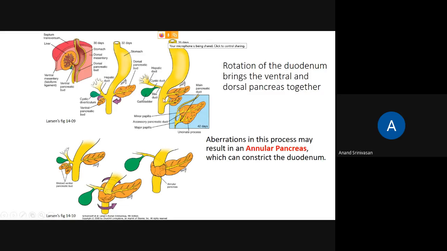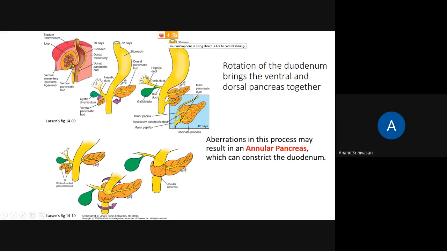So there are two openings. You must have already read this in your gross anatomy of the duodenum, right? Major duodenal papilla and minor duodenal papilla. Which is above and which is below? Any idea? Minor is above. Very good. The minor pancreatic duct is above and the major pancreatic duct is below.